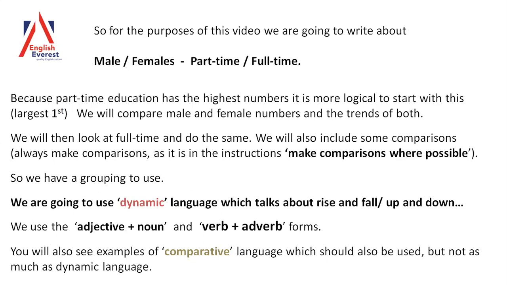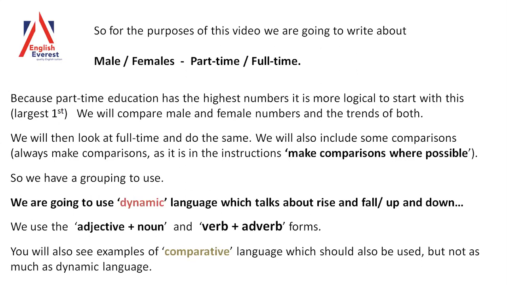Remember, largest first. We'll compare male and females and numbers, and trends for both. We will then look at full-time and do the same. We will also include some comparisons. Always make comparisons as it is in the instructions. Make comparisons where possible or where relevant.